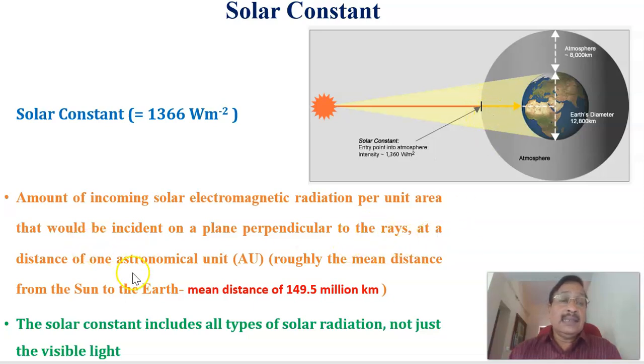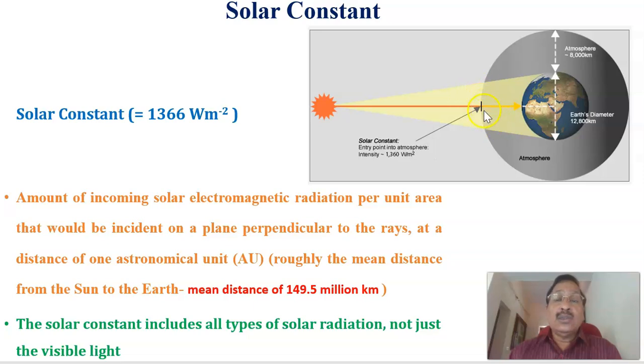That is at a distance of 1 AU. Astronomical unit means AU. That distance is approximately 149.5 million kilometers from the sun to the start of the atmosphere.